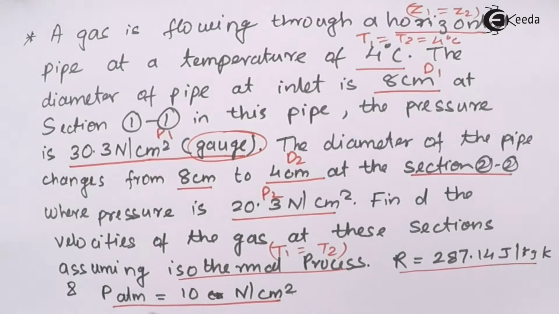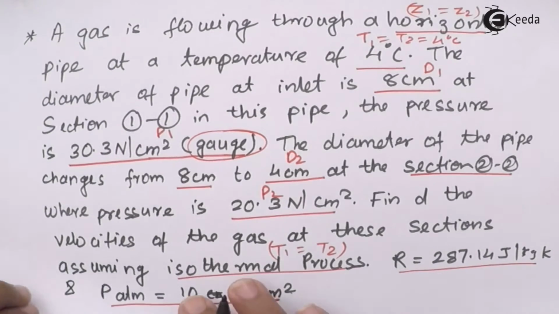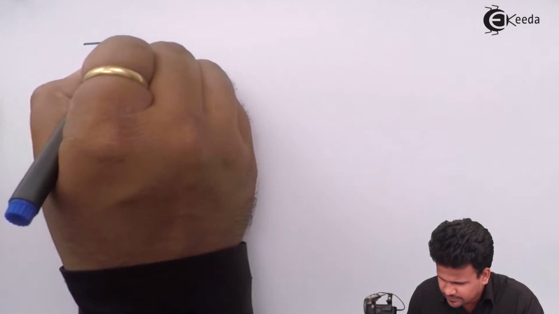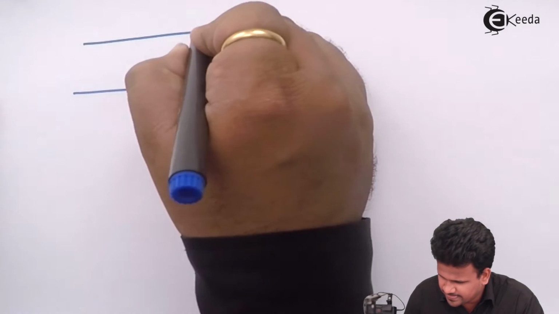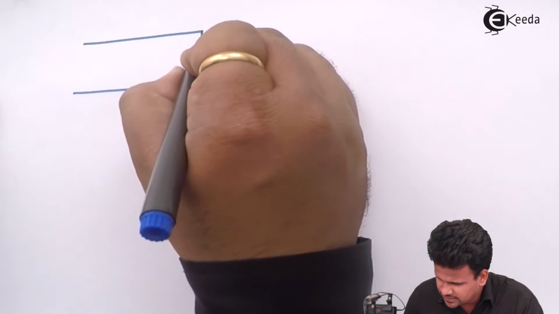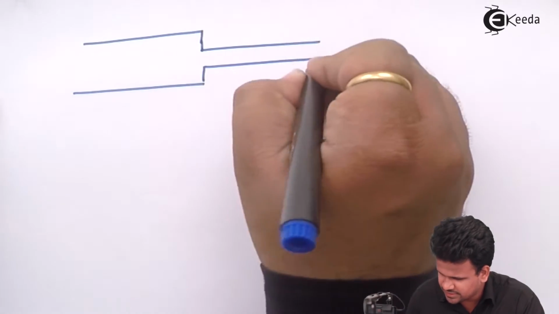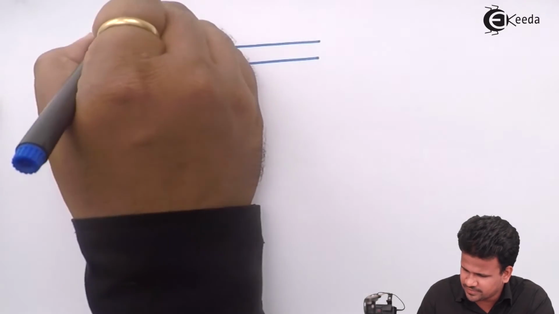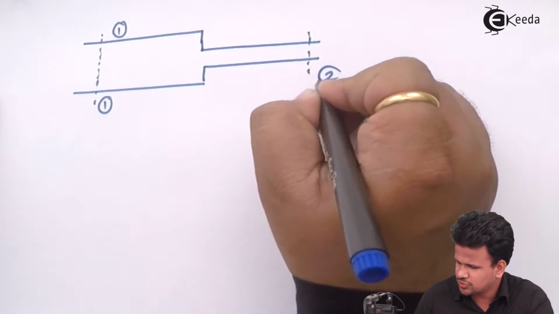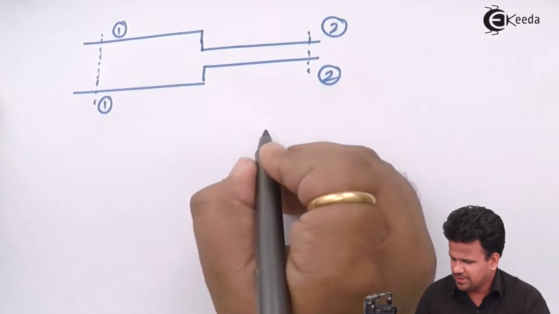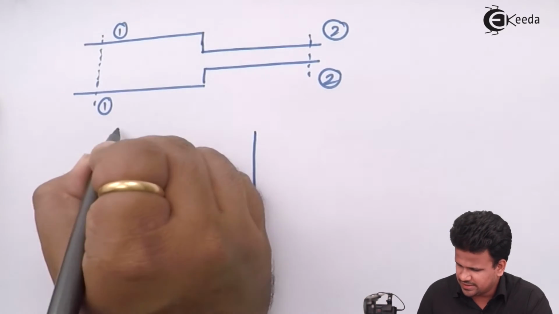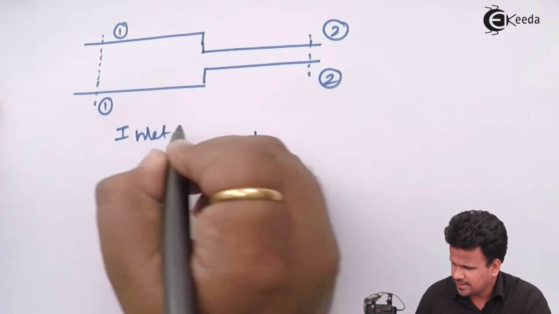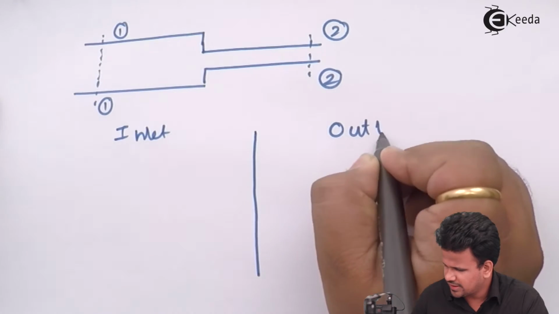So let us first draw the diagram for this entire part. The gas is flowing through a horizontal pipe, in this direction. This is section 1 of the pipe, and this is section 2 of the pipe. We'll divide this page into two parts, the inlet and the outlet.